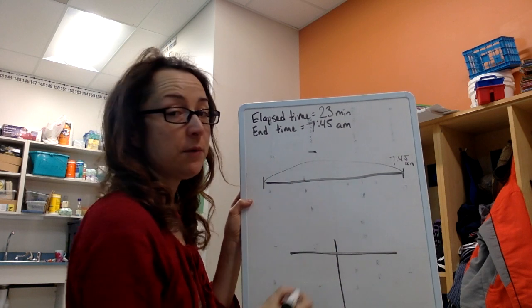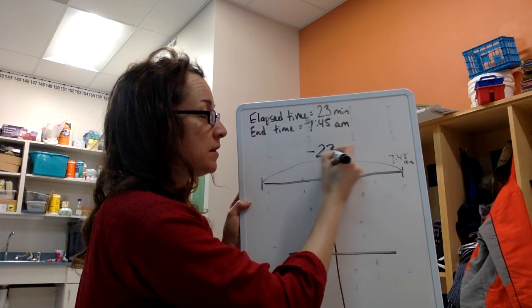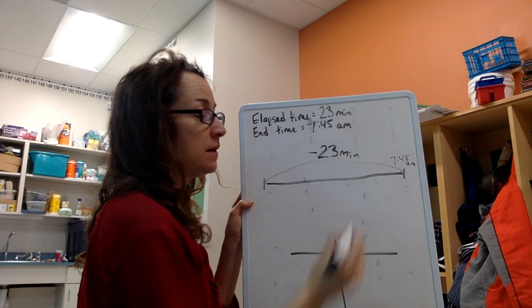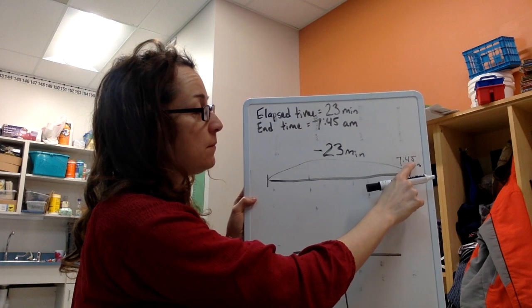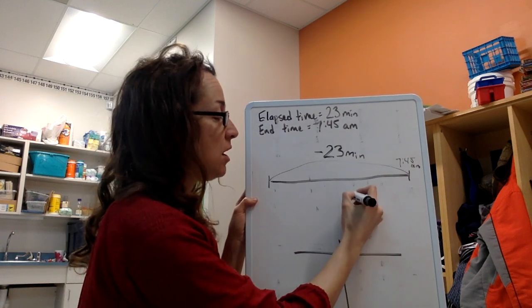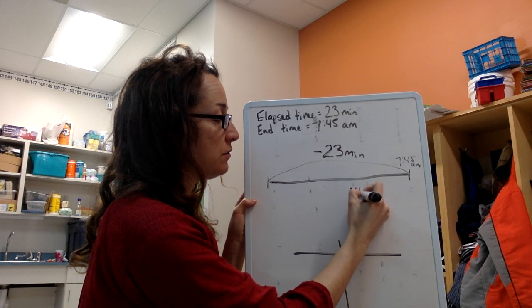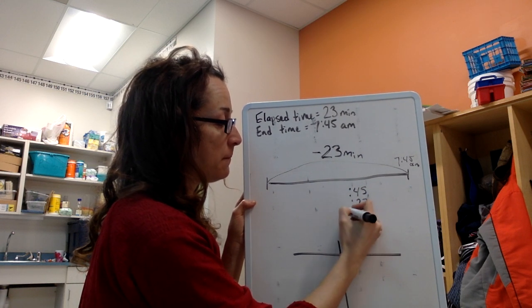This time around, I'm actually going to subtract 23 minutes to find my start time. I can look at my minutes right here at 7:45, and I can feel confident doing 45 minus 23.